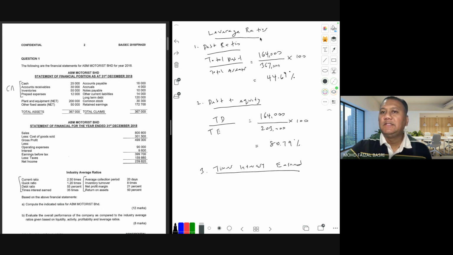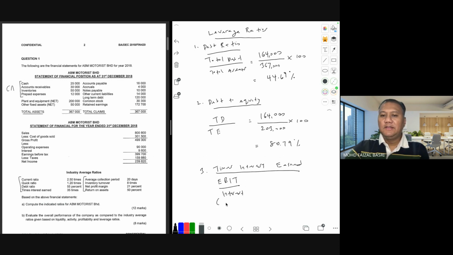Leverage ratio. So this is the second category, leverage. And we have another 3 as well. So the times interest earned, the formula is earnings before interest and taxes. We're going to divide it with interest.